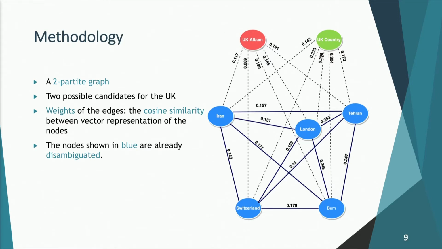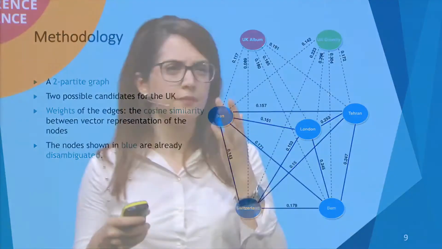Then we apply a ranking algorithm, and we choose the node with the highest rank. As we said, we check again for the type, and if this type existed in the context of the table, we add it to the initial looping graph, and we continue for all the ambiguous nodes.